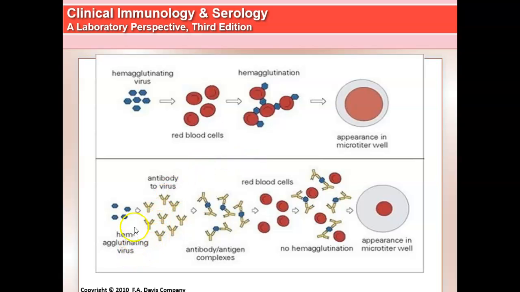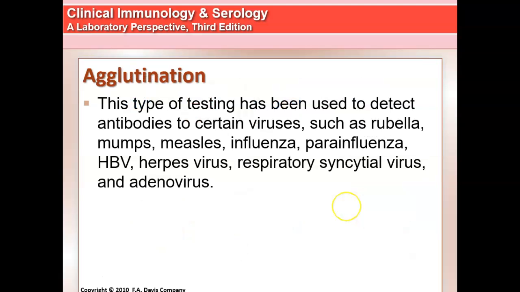So then you have a hemagglutinating virus, then you add the antibody to the virus, then you have antibody antigen complexes, you add the red blood cells, and then you have no binding, so there is no lysis. So you have hemagglutination inhibition.